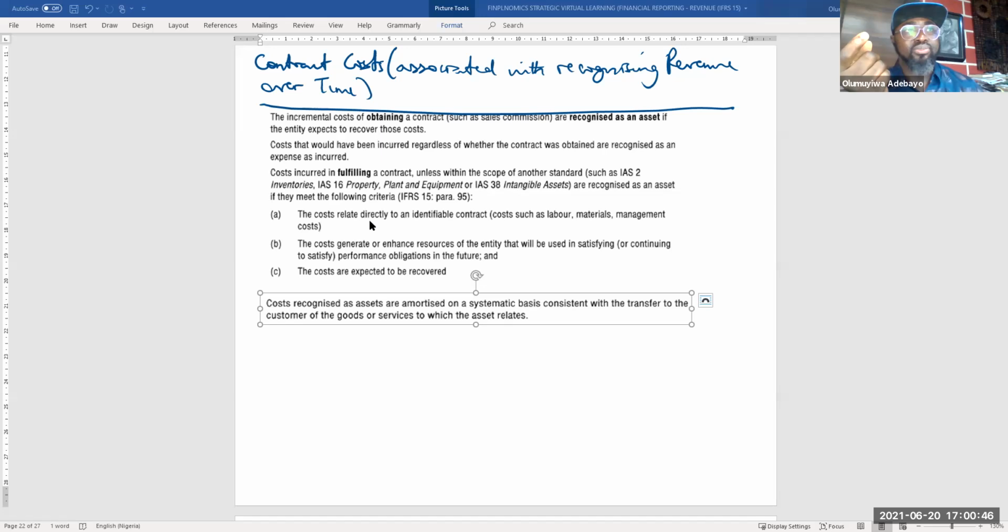And that value will serve as a basis for recognizing revenue based on what we call the output method.